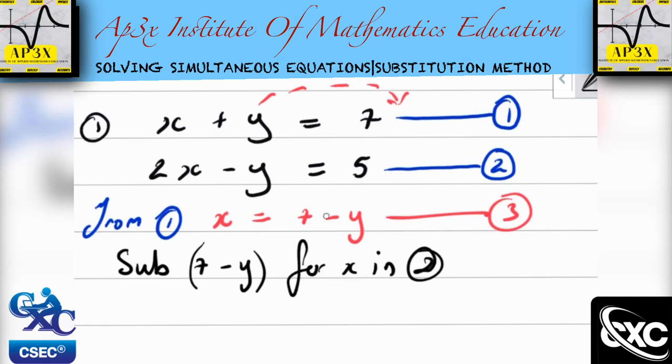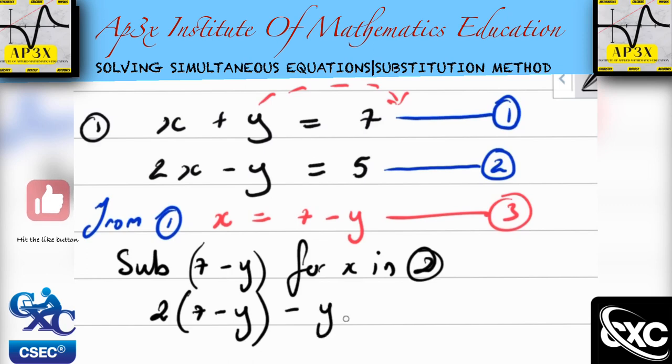So I'm therefore going to substitute my new expression into equation 2. So anywhere I see an x, I'm going to replace the x in equation 2 with 7 minus y. So this becomes 2 multiplied by 7 minus y, because that's 2x and x is 7 minus y. So 2 multiplied by 7 minus y, minus y, and that's equal then to 5.